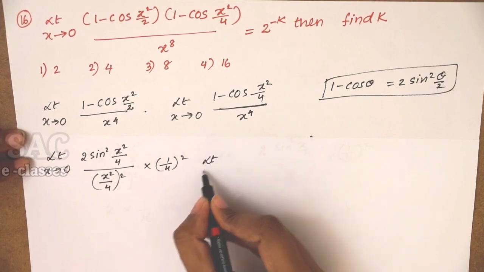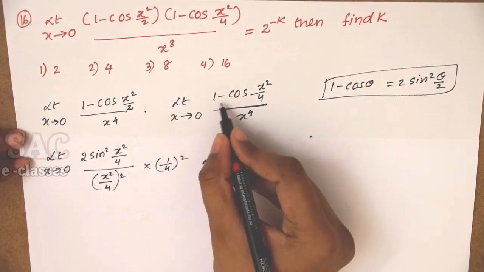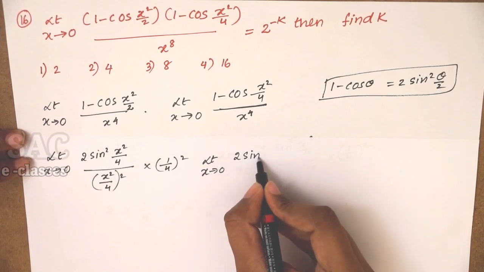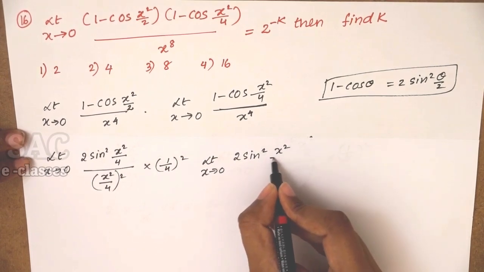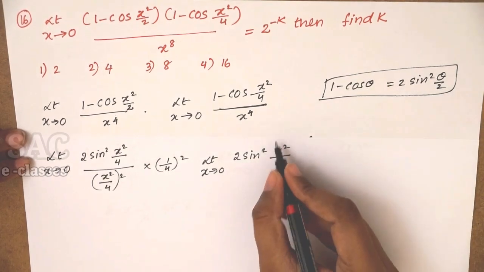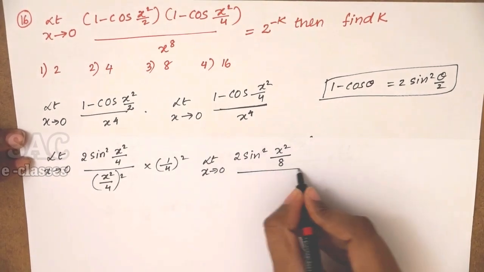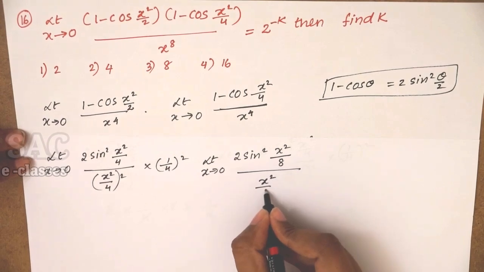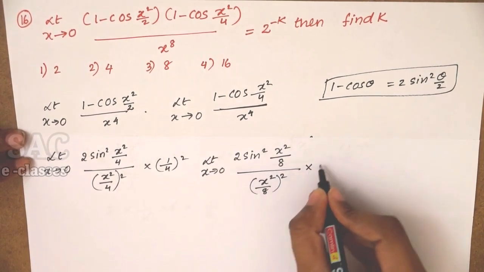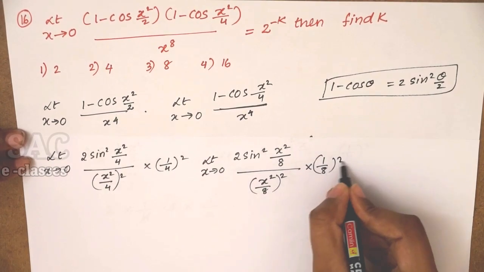In the same manner, let us simplify this. 1 minus cos x square by 4 can be expressed as 2 sin square x square by 4 by 2, then 4 2's are 8. Let us express this one also as x square by 8 into 1 by 8 whole square.